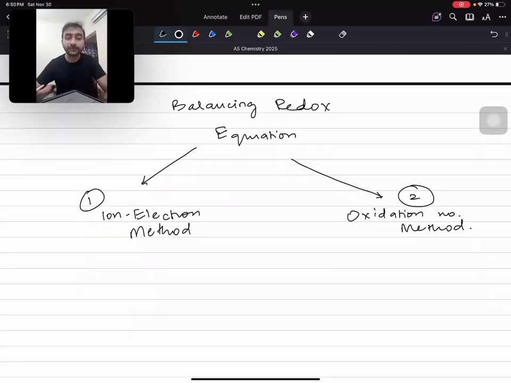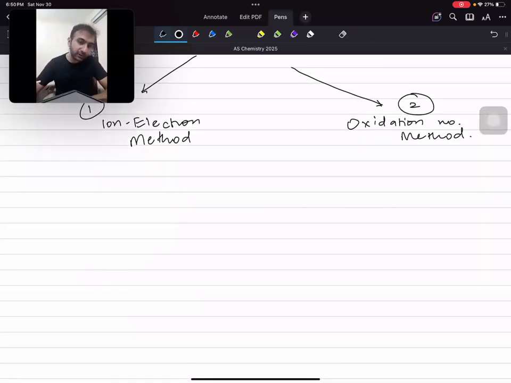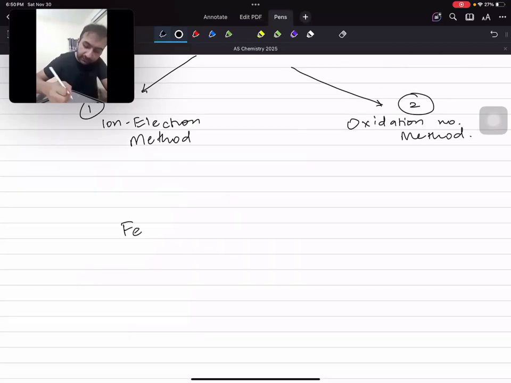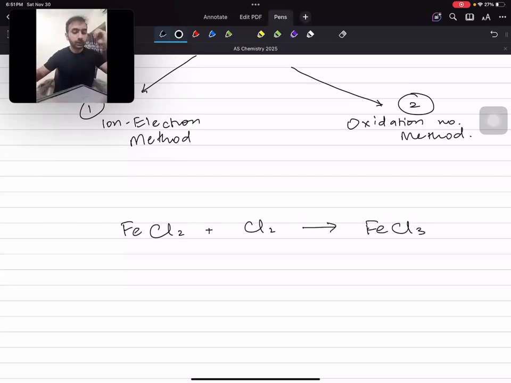So let's begin. In the oxidation number method, I'm going to pick a very common example. Let's suppose, very simple, that we begin with FeCl2 reacting with chlorine to give you FeCl3.